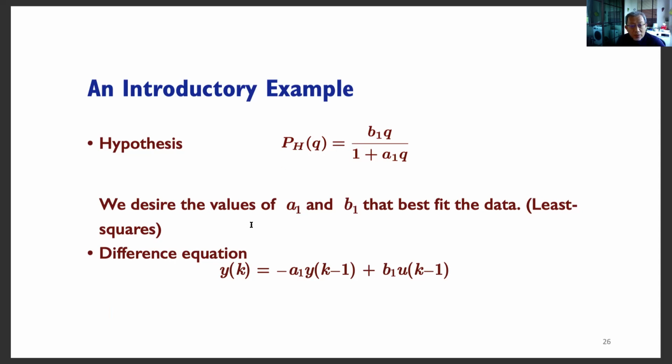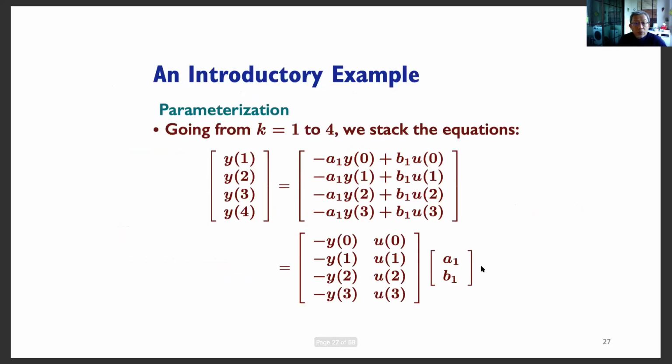So we desire the values of A1 and B1. We want to estimate the A1 and the B1 that fit the data given. So we use the difference equation Y K equals minus A1 Y K minus 1 plus B1 U K minus 1. So we fit the equations as shown here.